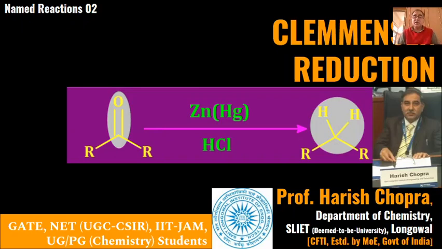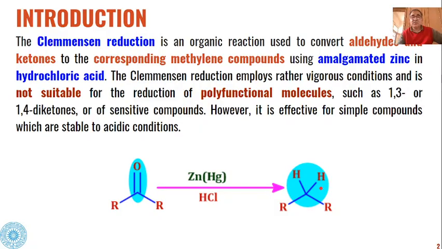Continuing with our lecture series on reduction reactions, today we will discuss a named reaction called the Clemmensen reduction. Clemmensen reduction is basically the conversion of a carbonyl functional group present in aldehydes or ketones to the corresponding methylene compounds.